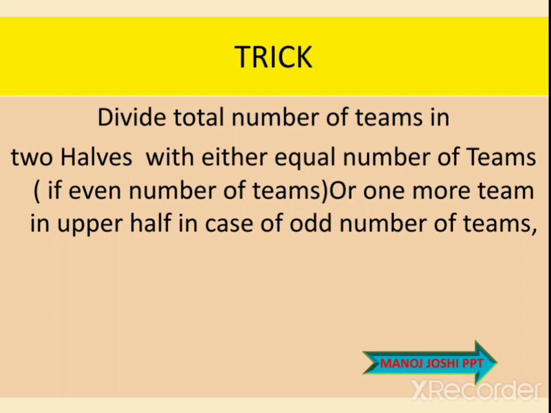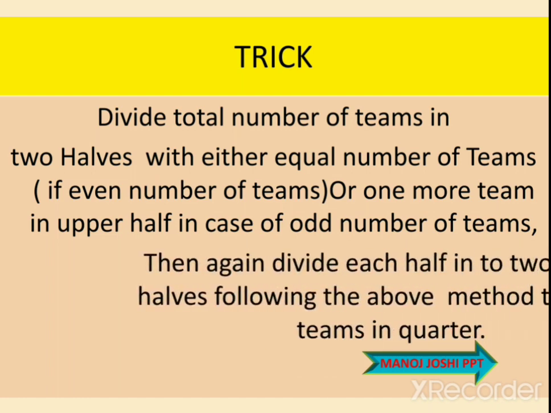In case of an odd number of teams, we cannot divide equally, so one more team will go to the upper half. That formula is also there. So the easiest trick I am telling you: one more team will always be in the upper half in case of an odd number of teams.